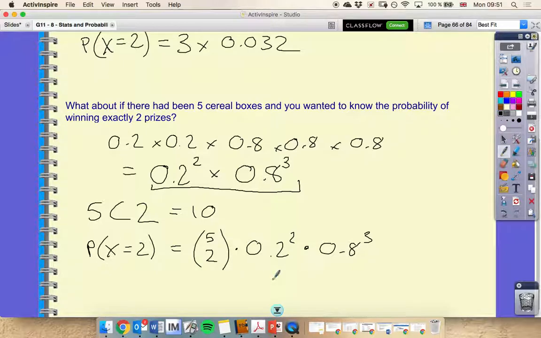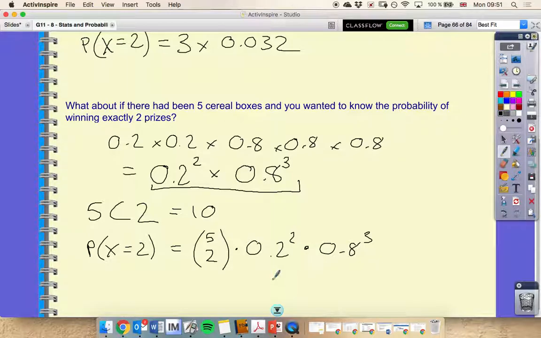Arabella. Why don't we do 5 choose 3? Because the cubed on the 0.8 is a 3. Why do we choose the 2 and not the 3? Because we're going to win 2 prizes. Yeah. The general term. Yeah, it's okay. I see you're making the link with what we're doing with the theorem.